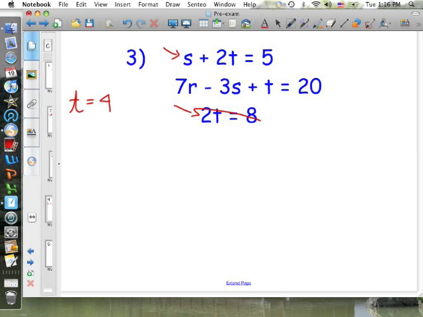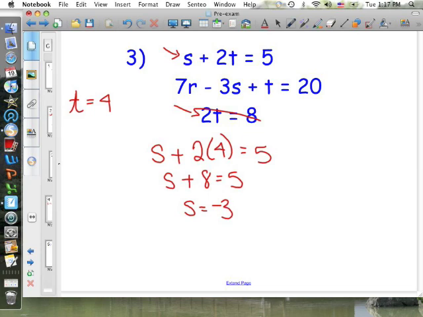Since you know t is equal to 4, then s plus 2 times 4 is equal to 5, which means s plus 8 is equal to 5, so s is equal to negative 3.